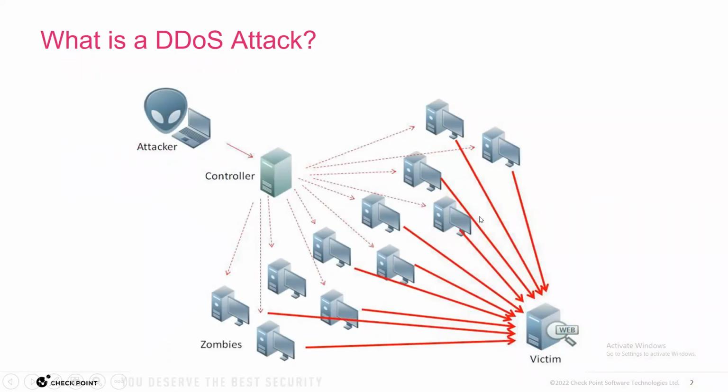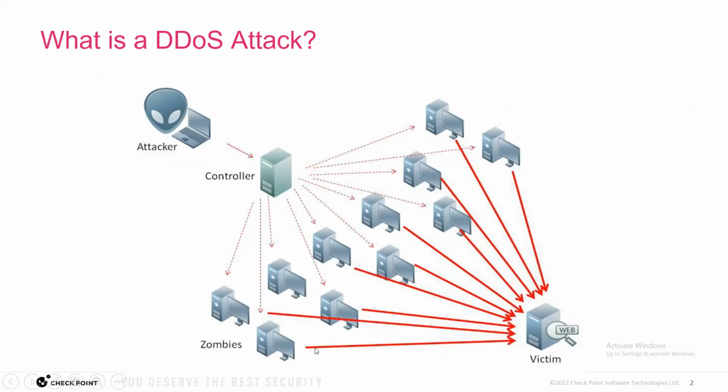So what is a DDoS attack, right? It stands for Distributed Denial of Service. The classic DDoS attack is where an attacker has spent some time and has installed bot agents on various machines.